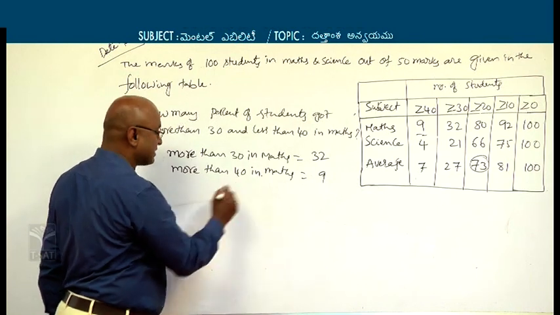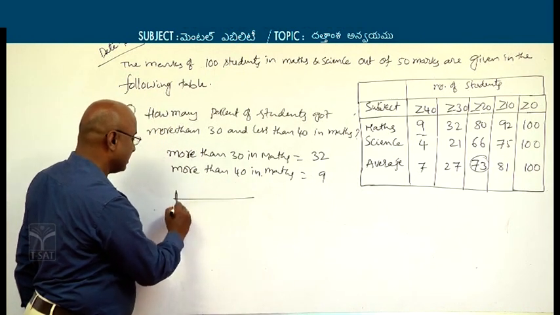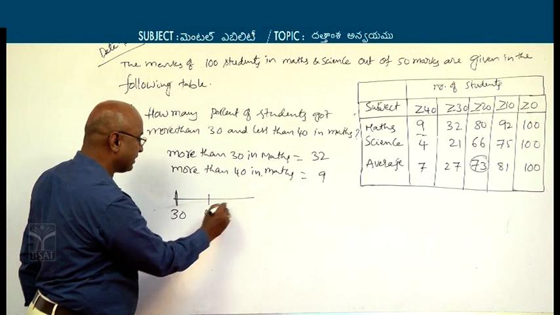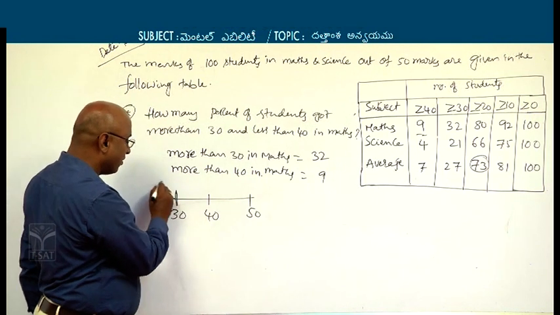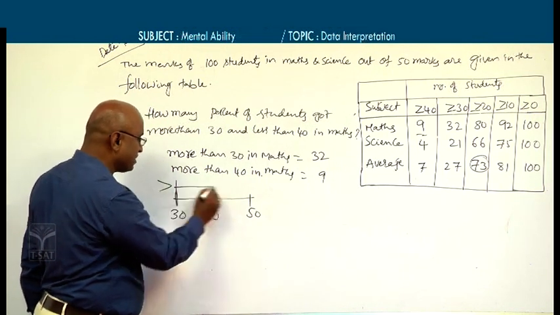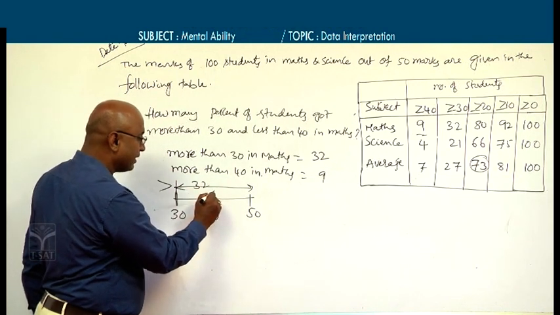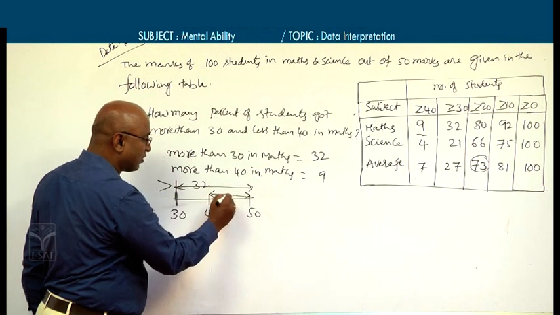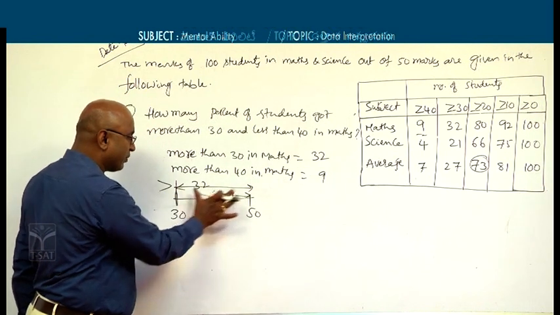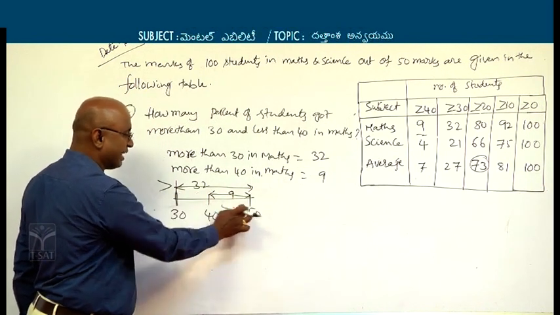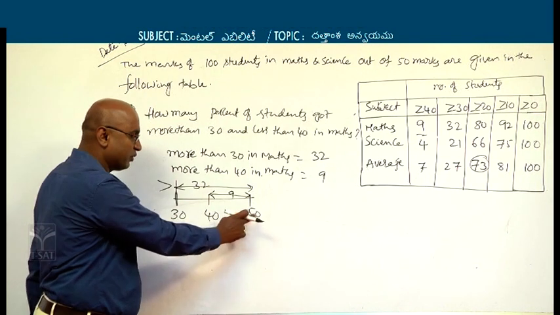More than 40 in maths are 9. Suppose it is 30 and it is 40 and it is 50. మోర్ దాన్ 30 అంటే 30 నుంచి 50 వరకు ఉన్న వాళ్ళు ఎంతమంది అన్నారంటే 32 ఉన్నారు. ఇక్కడ 40 కంటే ఎక్కువ ఉన్న వాళ్ళు 9 మంది ఉన్నారు. మొత్తం ఏమో 32. 30 నుంచి 50, 40 నుంచి 50 ఏమో 9.